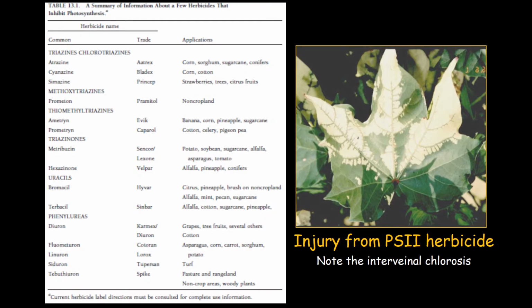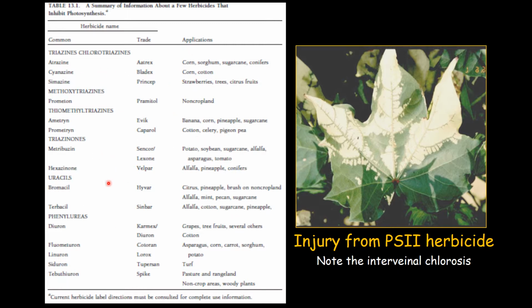The chemical groups include amide, benzothiazole, nitrile, phenyl carbamate, phenyl pyridazine, pyridazinone, triazinone, uracil, and urea. More herbicide chemical groups act on photosynthesis than on any other physiological process. A summary of selectivity information on some of these herbicides is in this table.